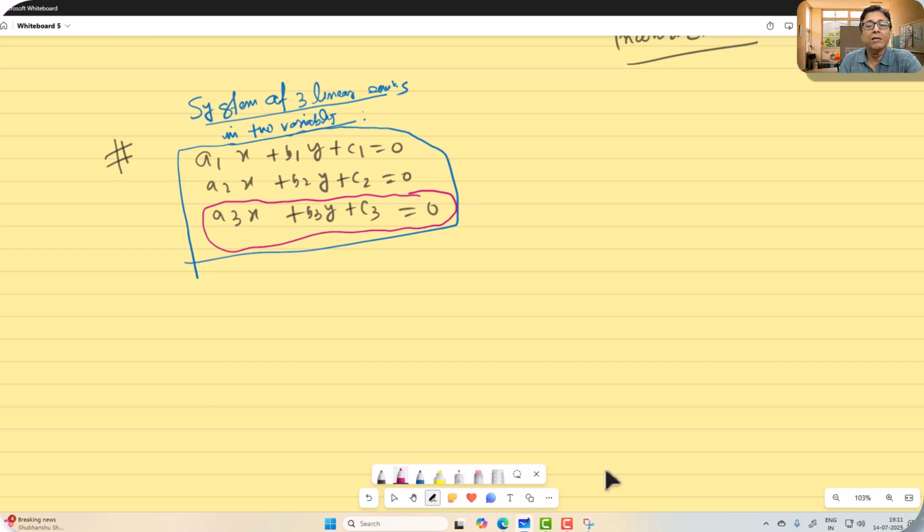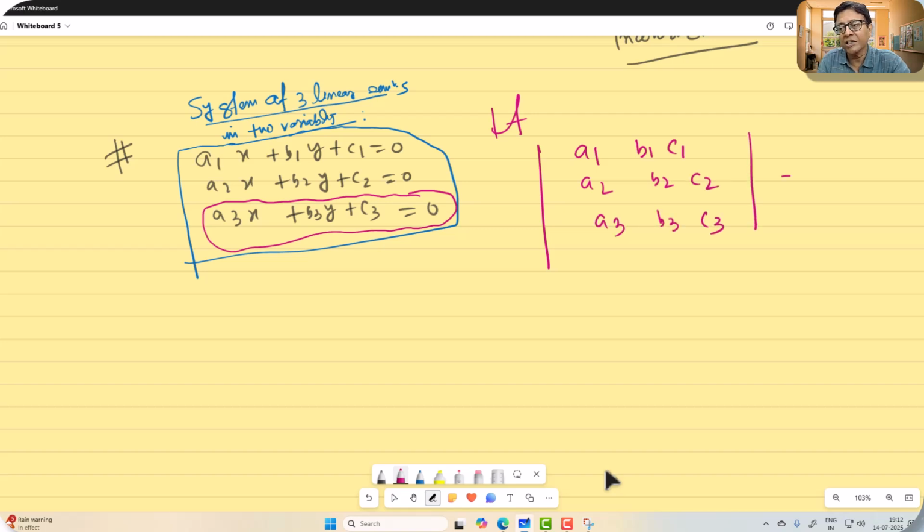If you find the coefficient determinant A1, B1, C1, A2, B2, C2, A3, B3, C3 equal to 0, then the given system of equations is consistent.